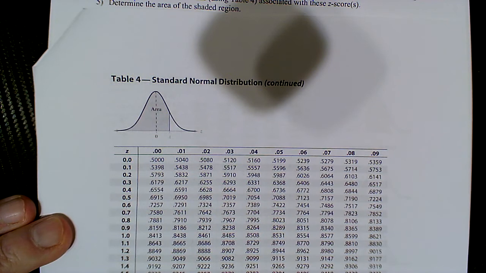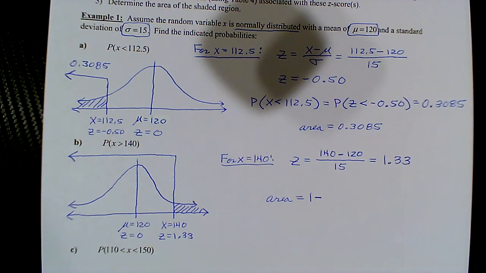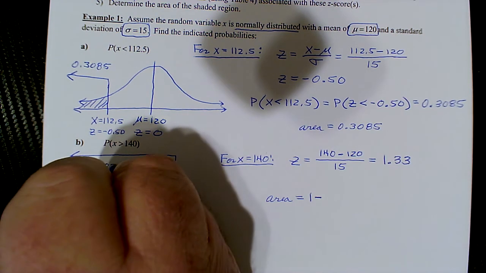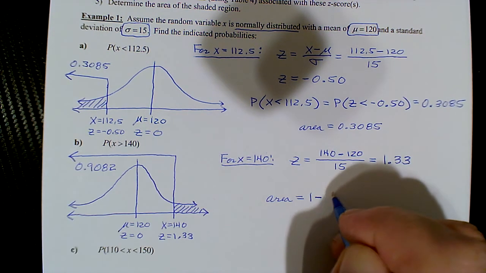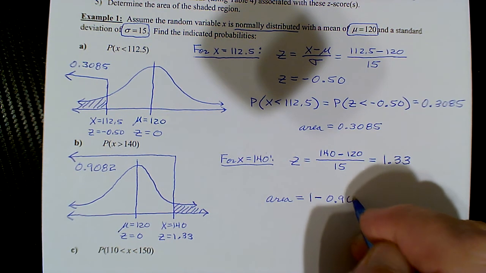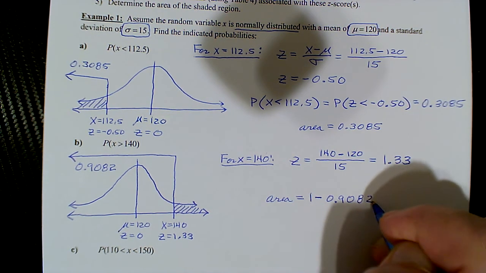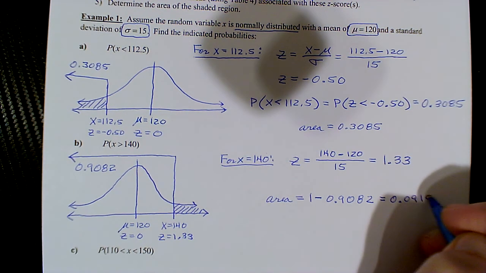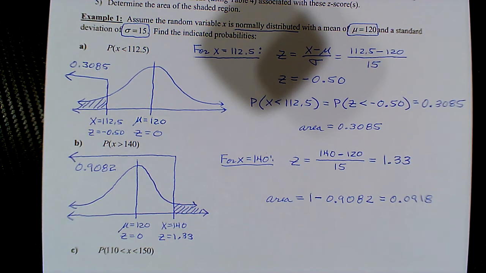And 1.33, go down to 1.3, over to 0.03, we see 0.9082, and so that's my left cumulative area. The area I'm looking for is its complement, 1 minus 0.9082, which is 0.0918.